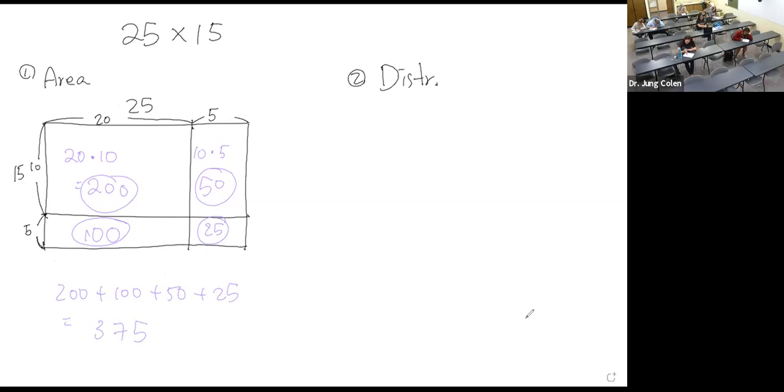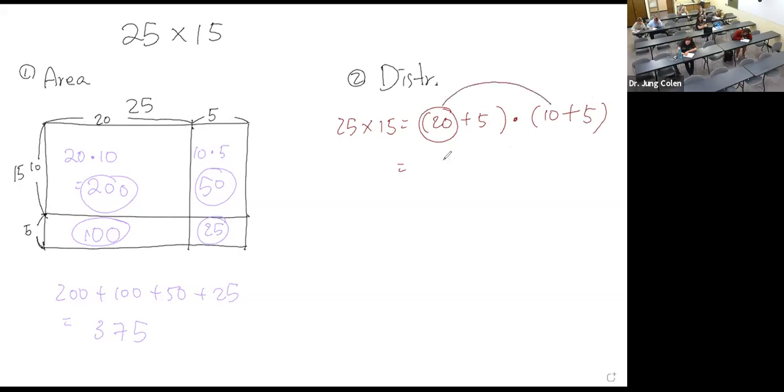How about using distributive property? If we do the same thing, what we did here is 25 times 15 is the same as (20 plus 5) times (10 plus 5), right? So let's use the distributive property. You need to distribute both 20 and 5, right?